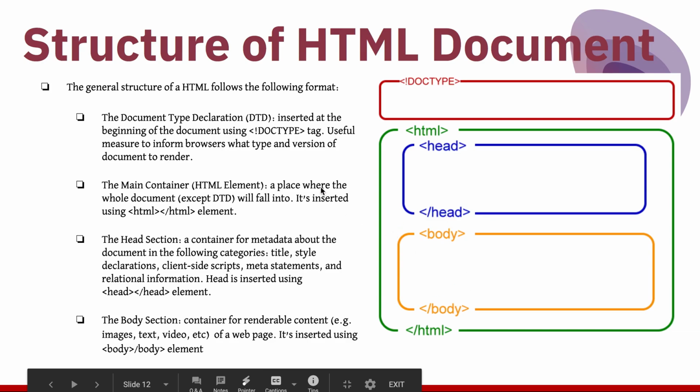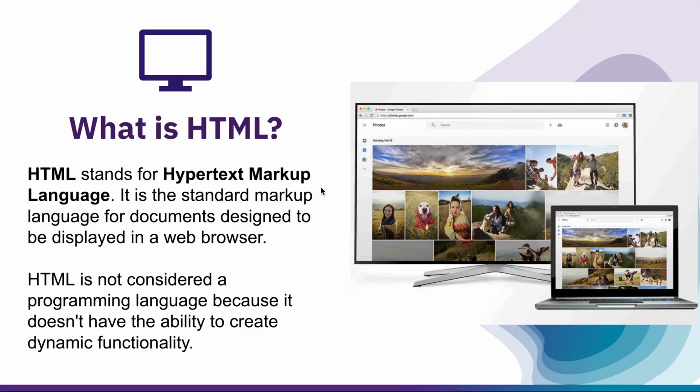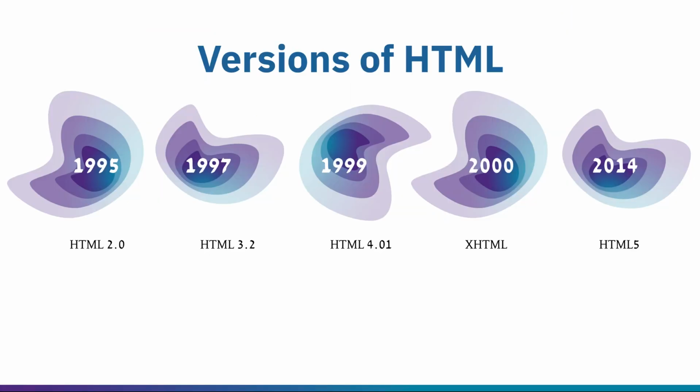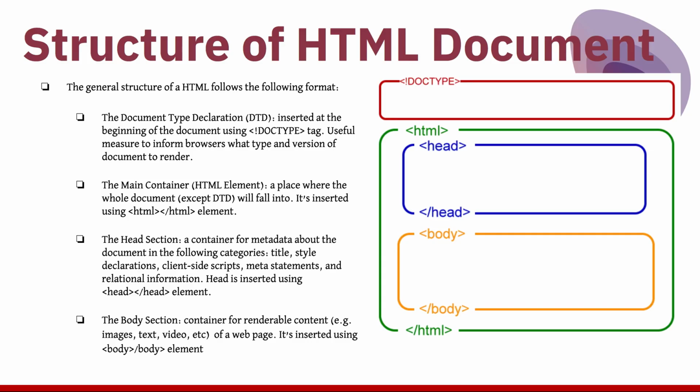So to recap this session, we looked at HTML. We said hypertext markup is for formatting documents. It's not a programming language, and we know why. We looked at the versions, and then we talked about the document structure. So we have the document type declaration, which is on top and is alone on its own. It's supposed to be the first thing in any HTML document. We will look at how to define the document type for HTML5 in our next lecture.